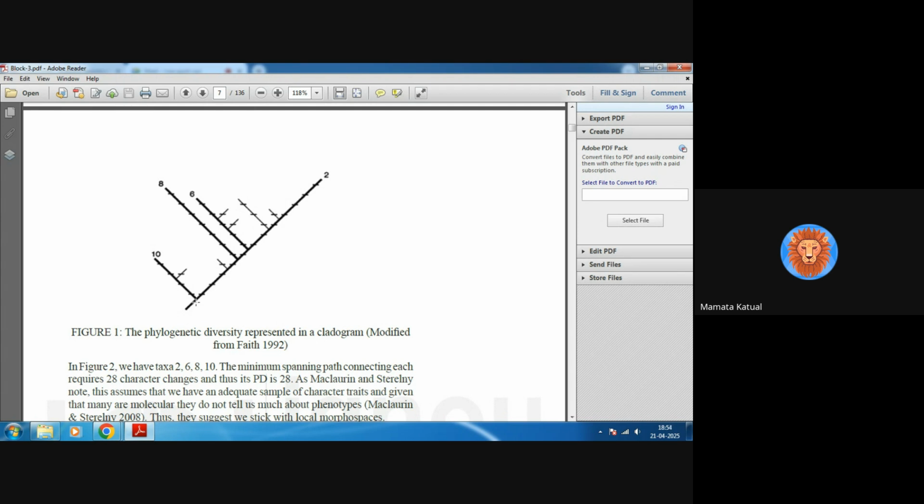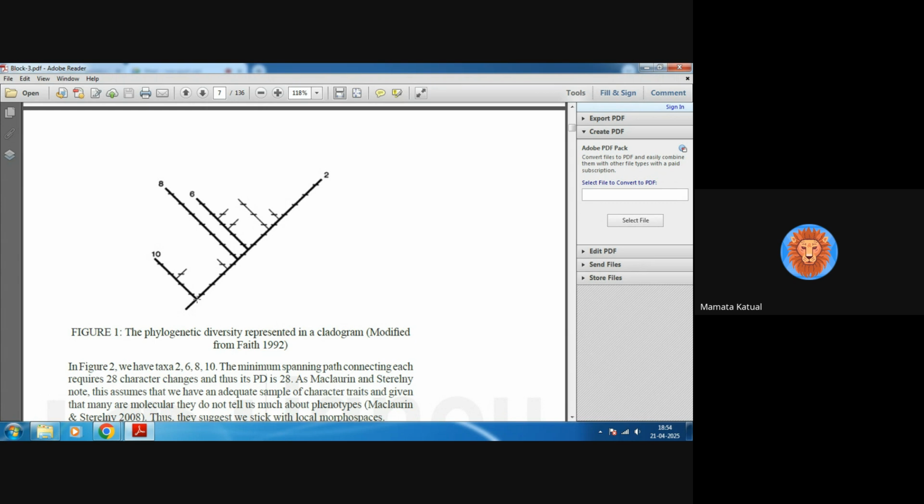When there is a branch point, that means there is evolution and it has produced new descendants. So at the base you can find the descendant, that is descendant number 10, and this is the branch point.